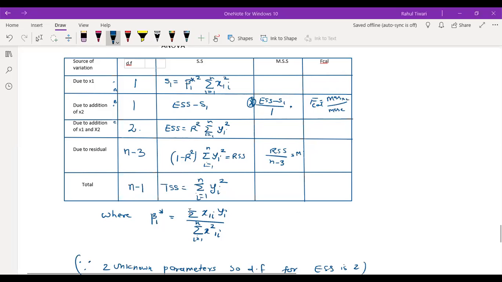I hope you have this, we have already seen it in the simple regression model. Just see whether you have done it or not in the regression model. Let me check.